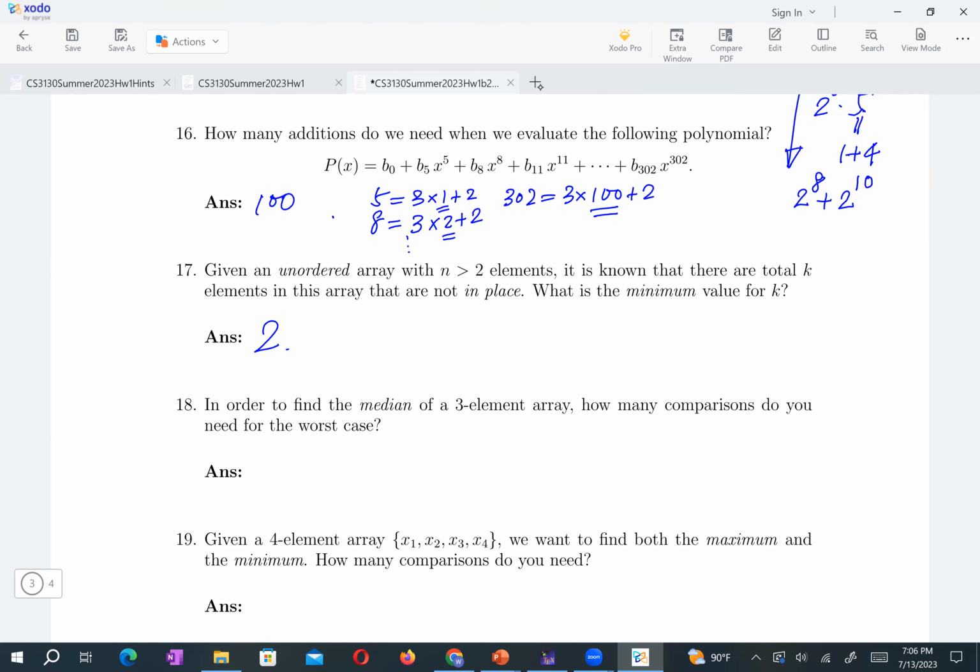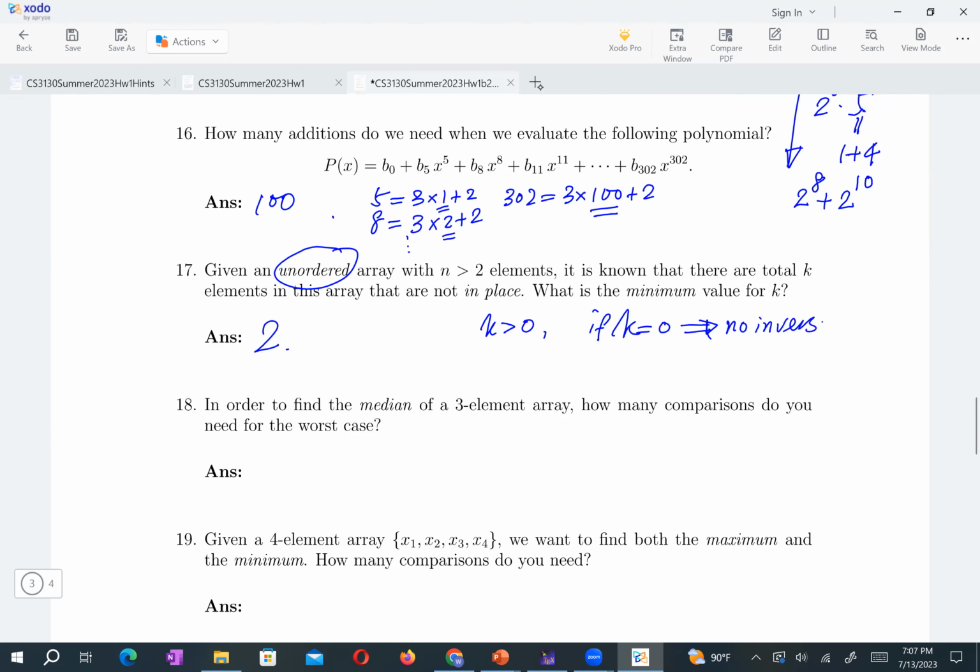So the thinking is like this. First, we know unordered. Unordered tells us K cannot be 0. K must be greater than 0. If K equals 0, that means no inversion.